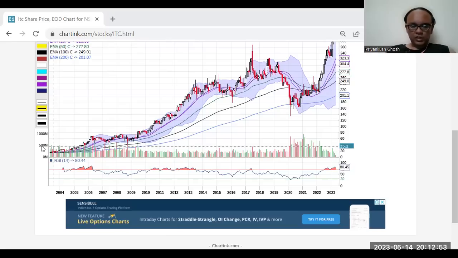So it was an uptrend from 2007 to 2014, the uptrending blue line, then from 2014 to 2021 a rectangle, sideways, then again from 2021 it's a blue trend, and this blue trend is very sharp, right?